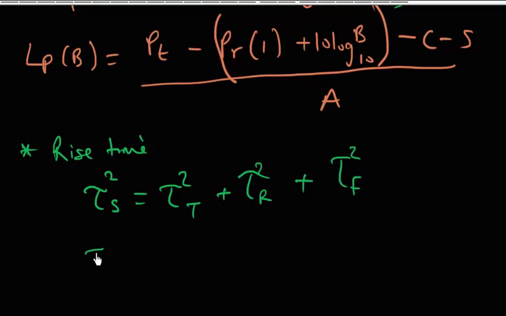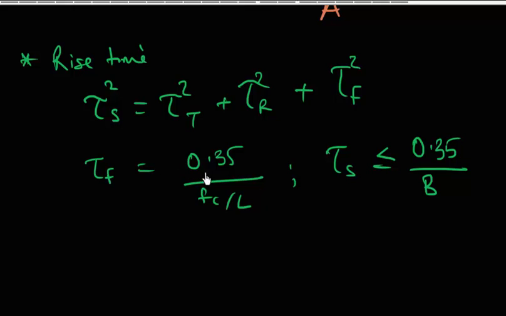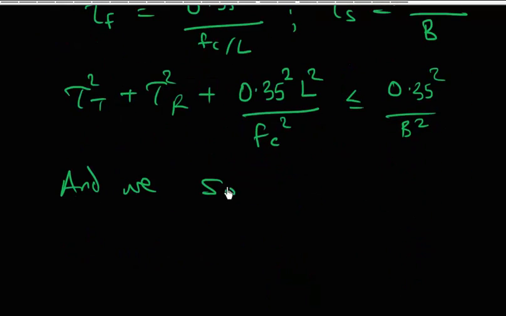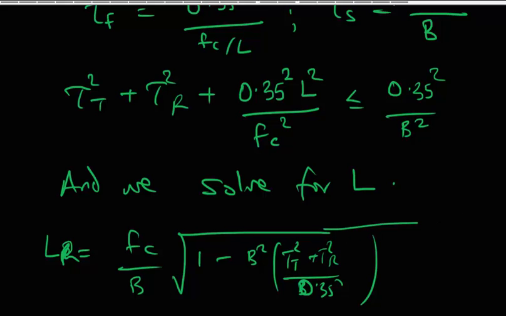They will give us the fiber as 0.35 over FC over L, and they will give us the system rise time as less than or equal to a value. We put them back into this formula and solve for L. So we finally get L as over 0.7 squared.